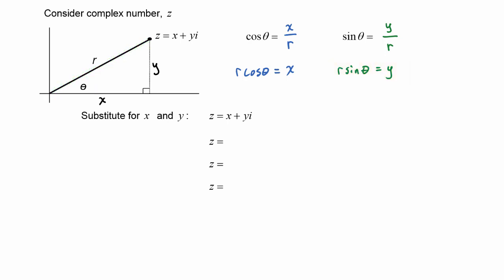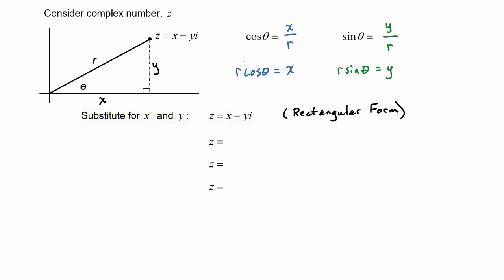Now, if we take those two equations, x is r cosine theta and y is r sine theta, and we substitute for x and y in the rectangular form of z. So let's make a note of that. This is the rectangular form for complex number z.